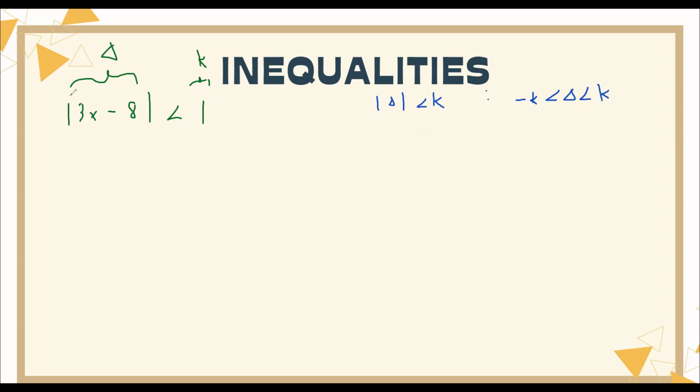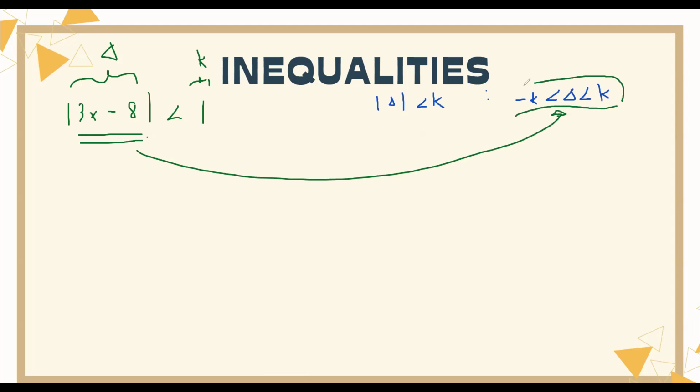So kunin mo tong equation na to and isulat mo siya in this format: negative k, so that's negative 1, is less than the equation inside your absolute value, is less than positive k, positive 1.